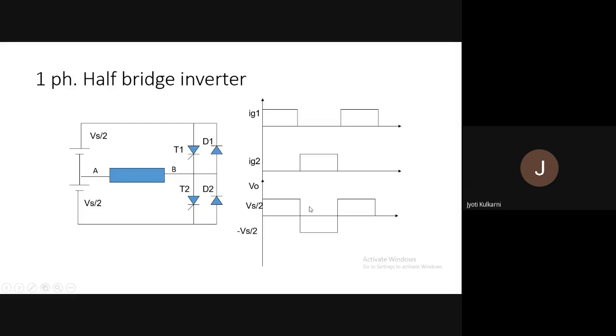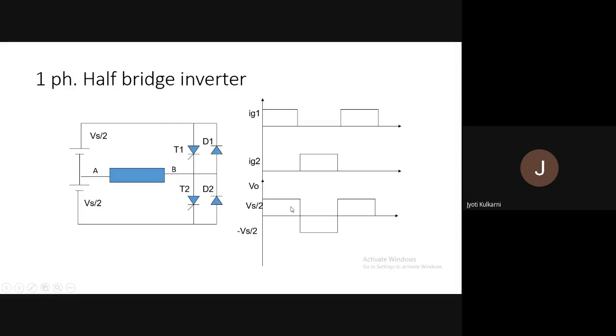Why? Because now in this operation, terminal A is positive and terminal B is negative. Your output voltage is negative with respect to the previous polarity. So this is called minus Vs by 2.